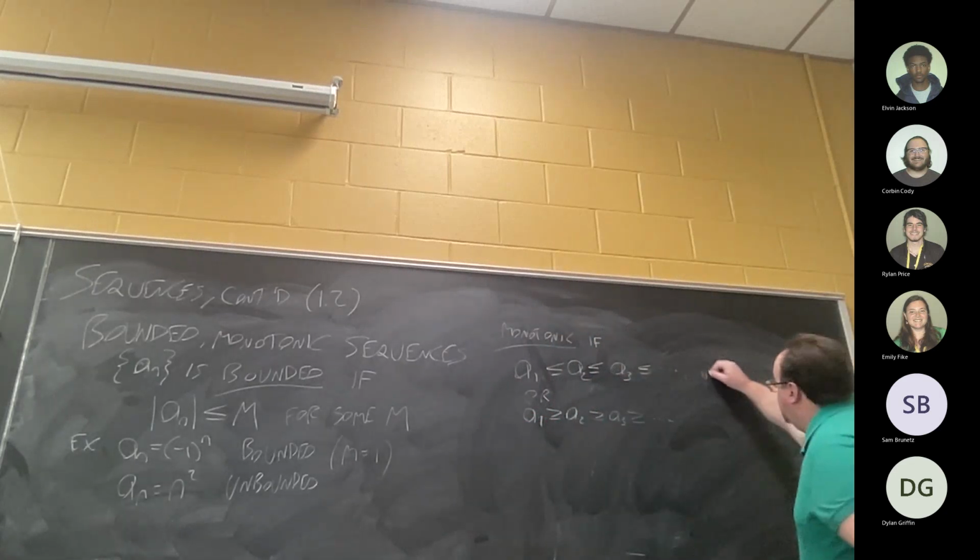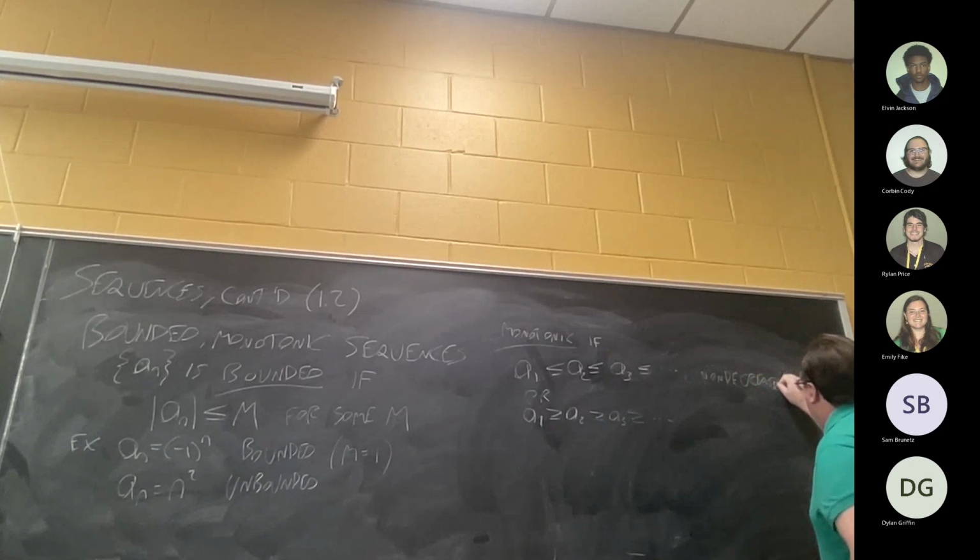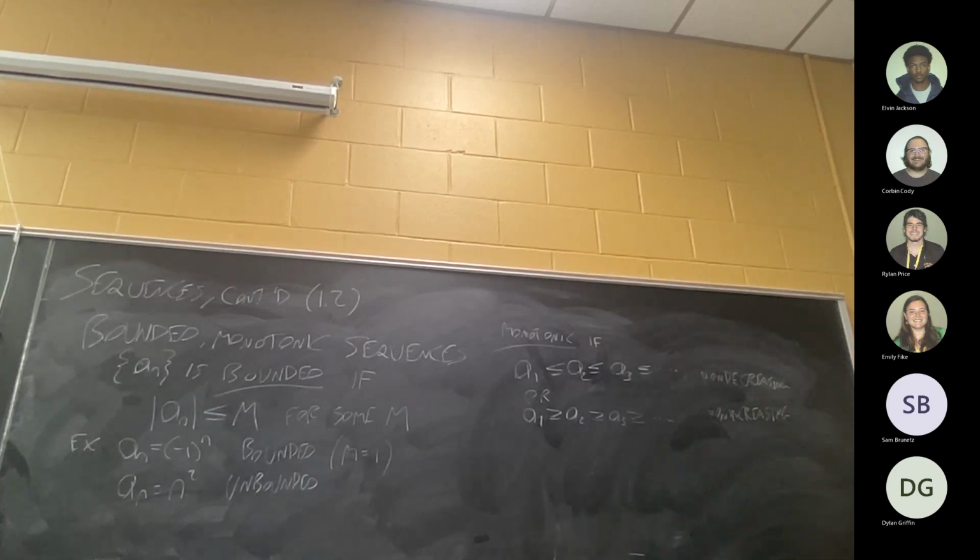This one means non-decreasing. If I had strictly less than, that would be an increasing sequence. If it was strictly greater than here, that would be a decreasing sequence. As long as it's one of these two, then we say the sequence is monotonic or monotone, either one.